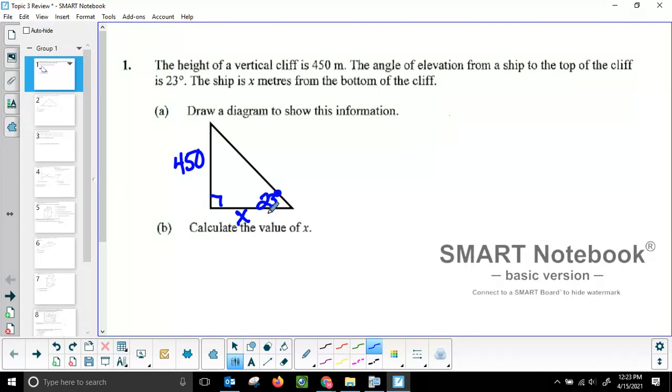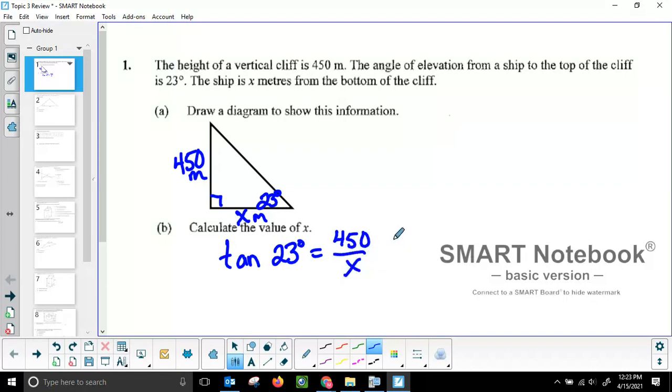So from my angle here of 23 degrees, the side that I know, 450 meters, is my opposite side. The X, the side that I don't know, is my adjacent side. So from SOHCAHTOA, that tells us that we should be using tangent. So the tangent of 23 degrees is equal to the opposite over the adjacent.